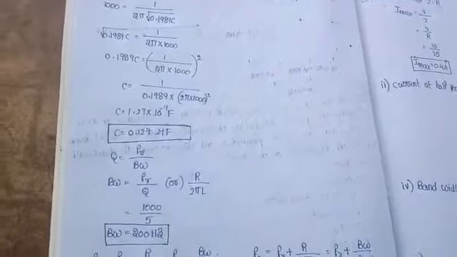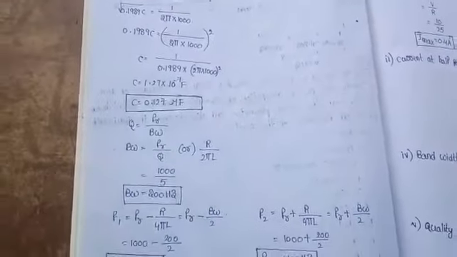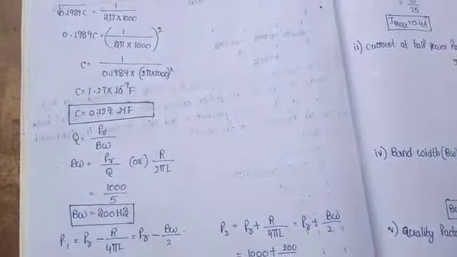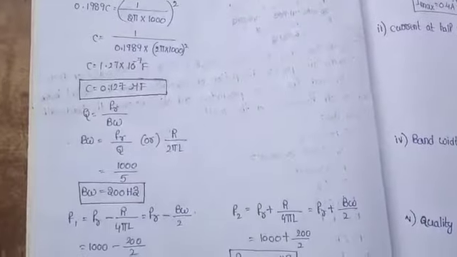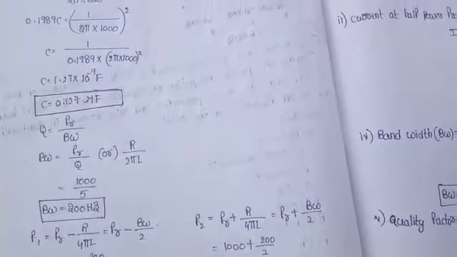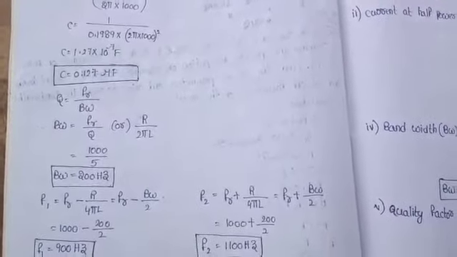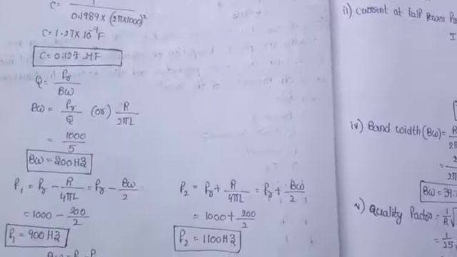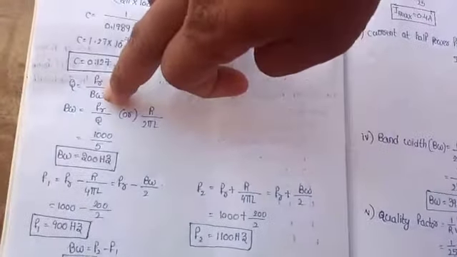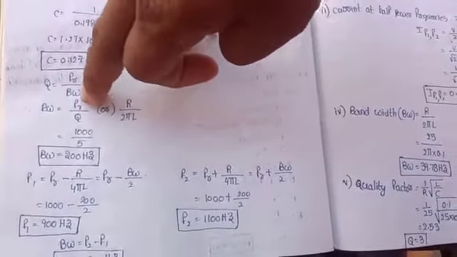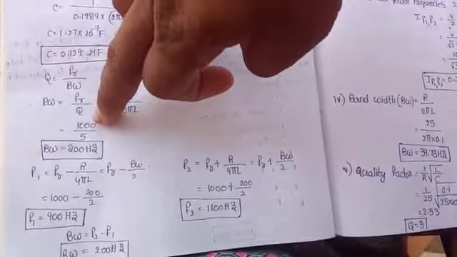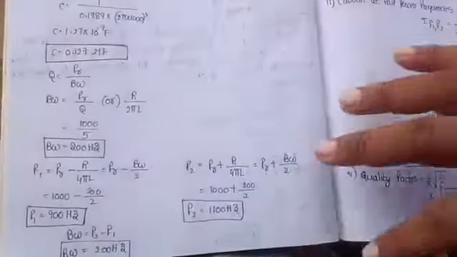And calculating the bandwidth, they haven't given the lower cutoff frequency or the upper cutoff frequency. You have to calculate the lower and upper cutoff frequencies, but how to calculate the bandwidth? We know the relation between bandwidth and quality factor. Quality factor is equal to resonant frequency by bandwidth. So bandwidth is equal to resonant frequency by quality factor. The given resonant frequency is 1 kilohertz, that is 1000 Hz by 5. So bandwidth is equal to 200 Hz.